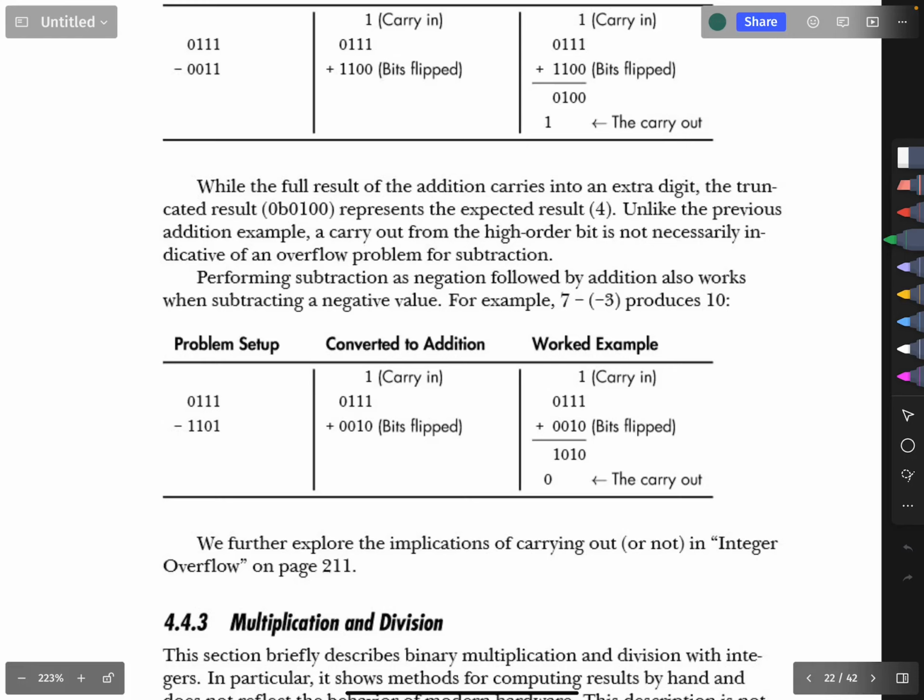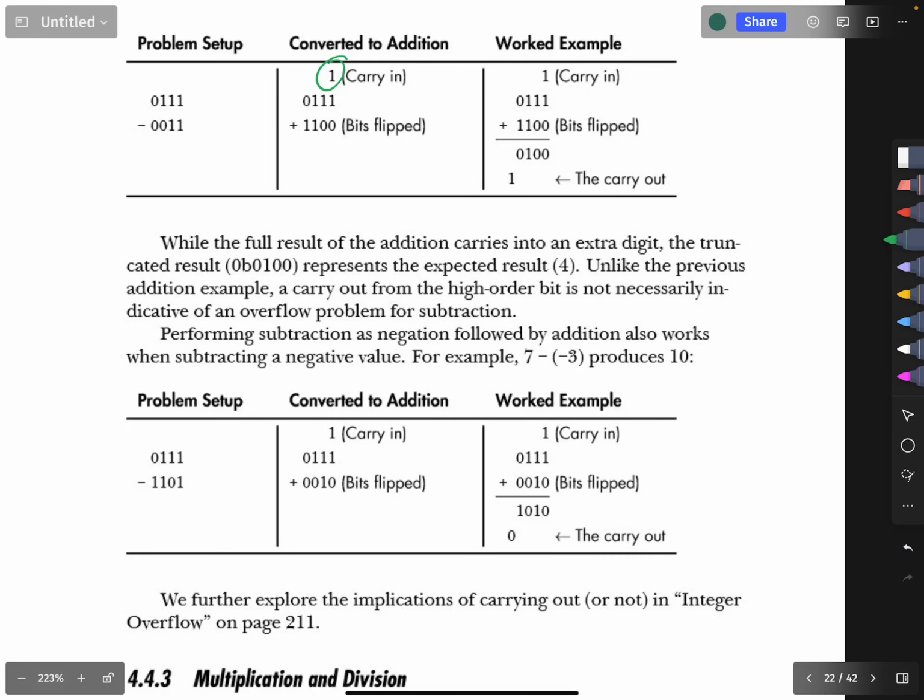We're trying to do 7 minus 3. We bit flip and we set the carry in to 1. Now, when we compute using the usual methods, we add this column with the carry coming into it, so that becomes a 0, and then we carry again.